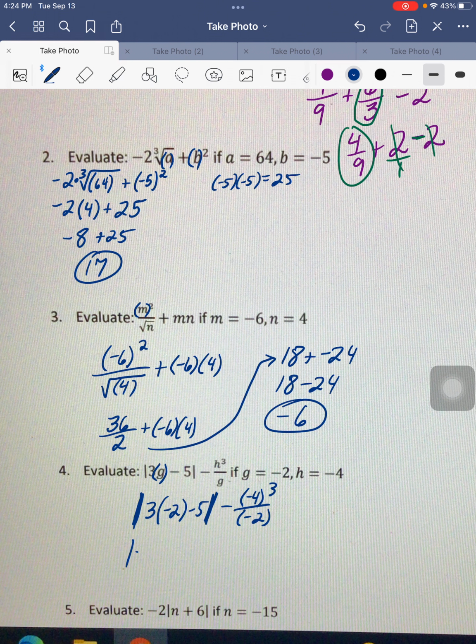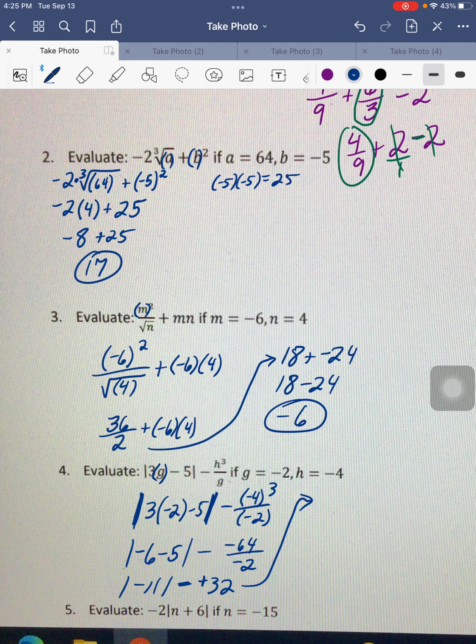I'm going to do multiplication. So 3 times -2 is -6. -4 to the third is -4 times -4, which is 16, times -4 is -64 over -2. Inside the absolute value, we have a -11. And then in the fraction, -64 divided by -2 is positive 32. So you could write a positive 32 here if you want.